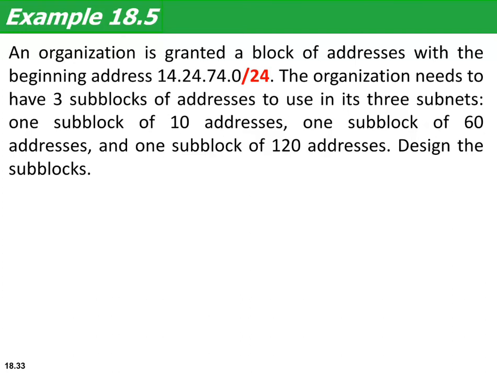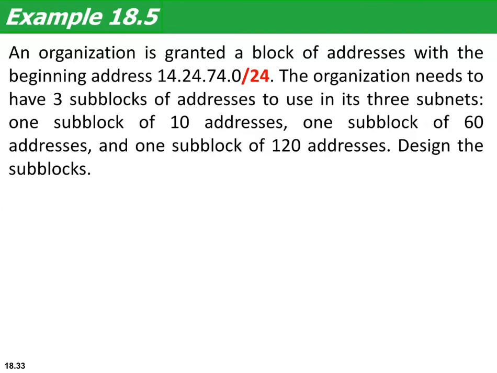The steps to be followed: the number of addresses in each subnetwork should be a power of 2, the prefix length is 32 minus log n sub to the base 2, and the first address is obtained as prefix in decimal multiplied by the number of addresses, and the first address should be divisible by the number of addresses in the subnet. Also we have to follow a rule: first we have to assign addresses to the larger subnetwork. So let us consider an example.